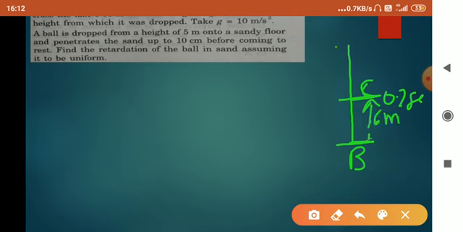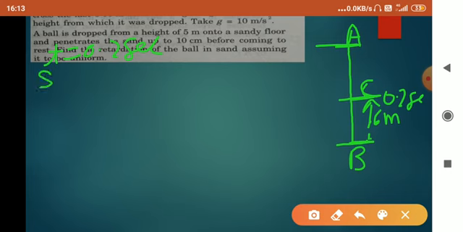Okay, and the ball is dropped from point A. So we have to find distance AB. Clear? Now for the last 6 meters, we have t equal to 0.2 second.